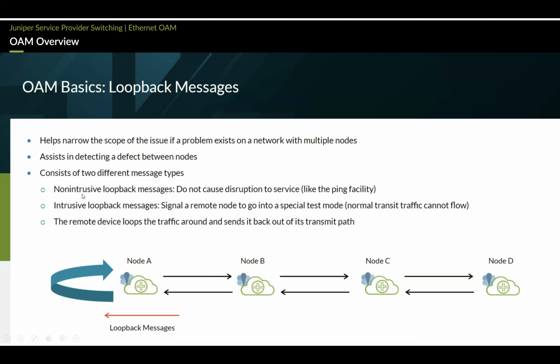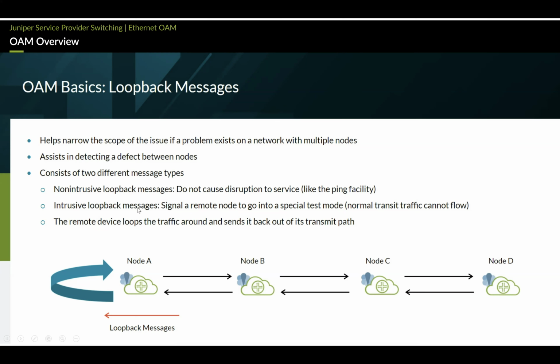So what is non-intrusive loopback message? It does not cause disruption to service, like the ping facility. Just checking whether a neighbor device is dead or live. Intrusive loopback message signals a remote node to go into a special test mode. Normal transit traffic cannot flow.